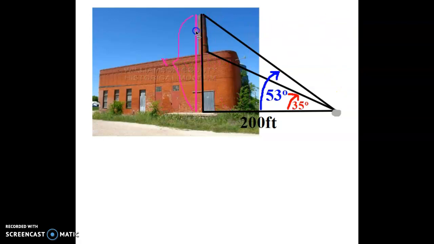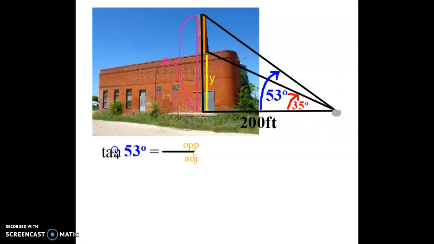Well, if we find the whole big side in pink, which is X, and we take away the bottom of the building, which I'll call Y, notice it's in yellow, the big minus the small will give me just this orange piece at the top, which is what they want to know: how tall is the smokestack. Both of these will be tangent problems, because this is the opposite of the pink and this is the opposite of the yellow, and this is the adjacent side down here.